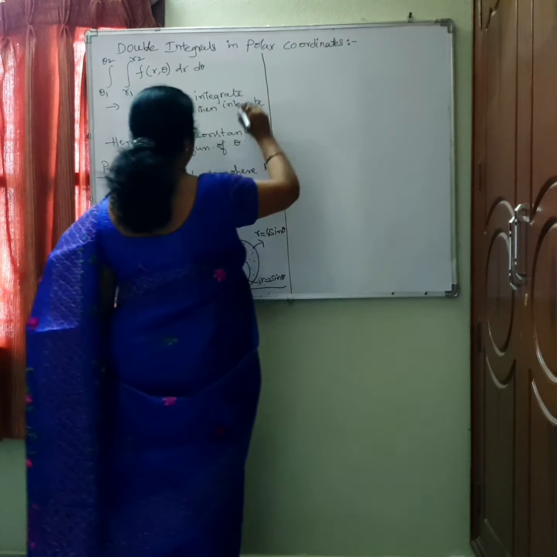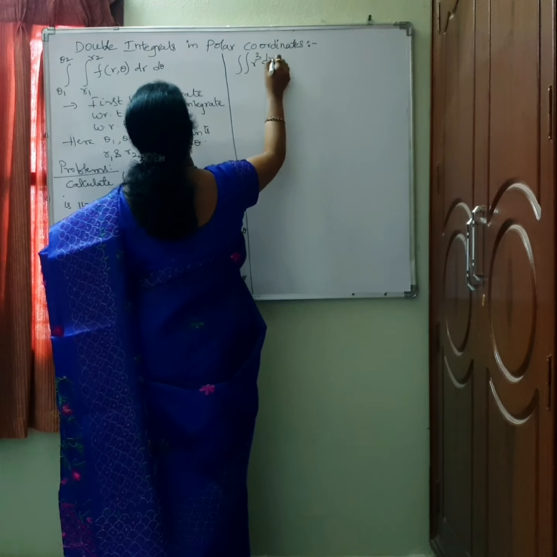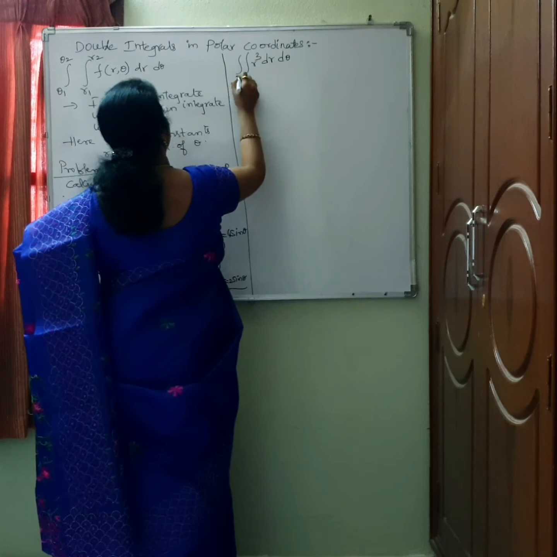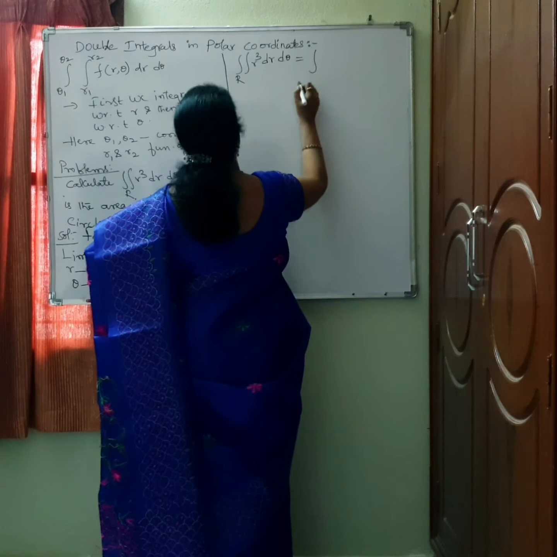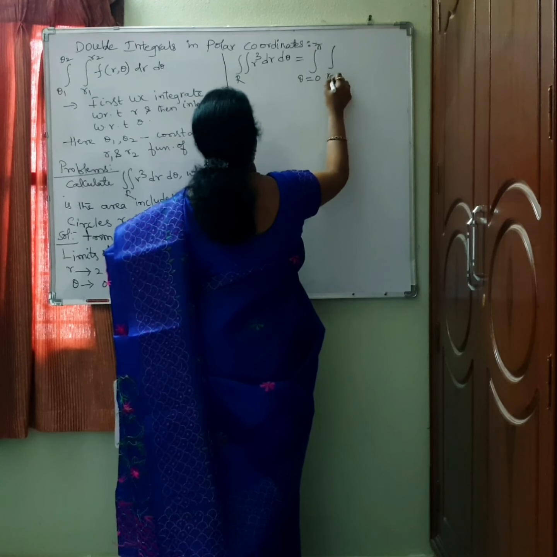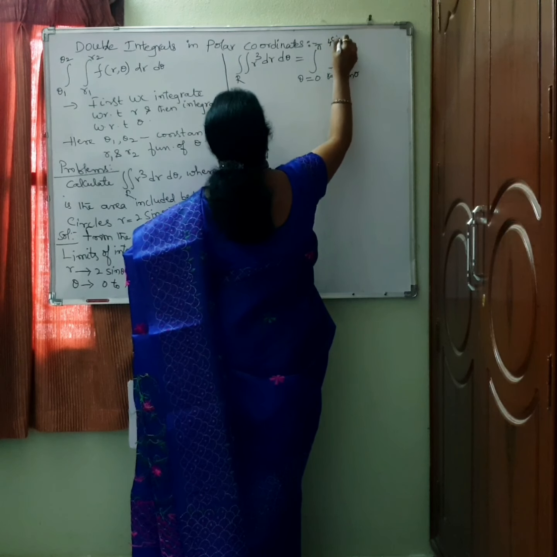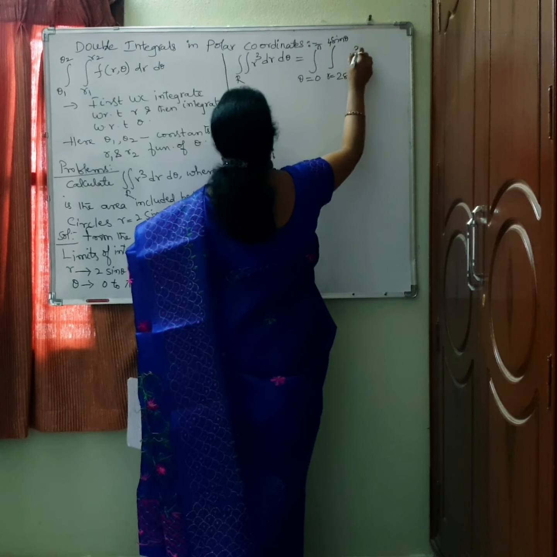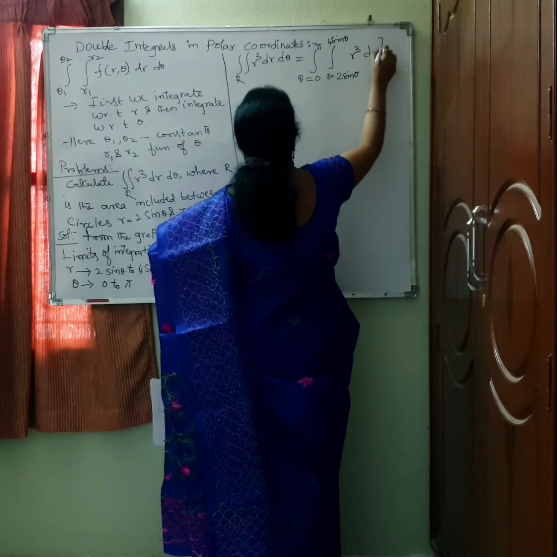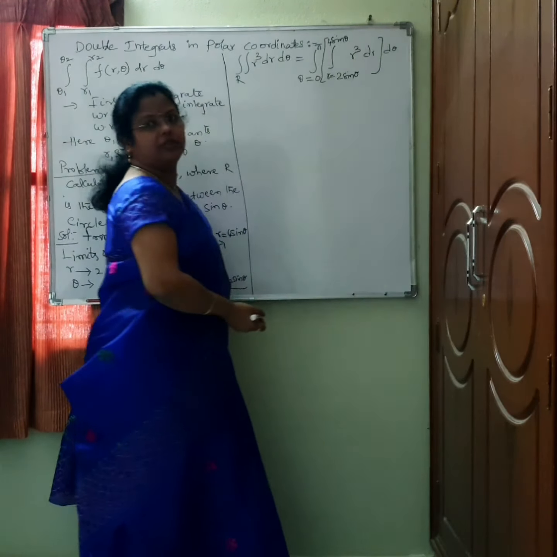Now the given double integral is r cube dr d theta. The limits are theta from 0 to pi and r from 2 sine theta to 4 sine theta. The inner integration is with respect to r and the outer integration is with respect to theta.